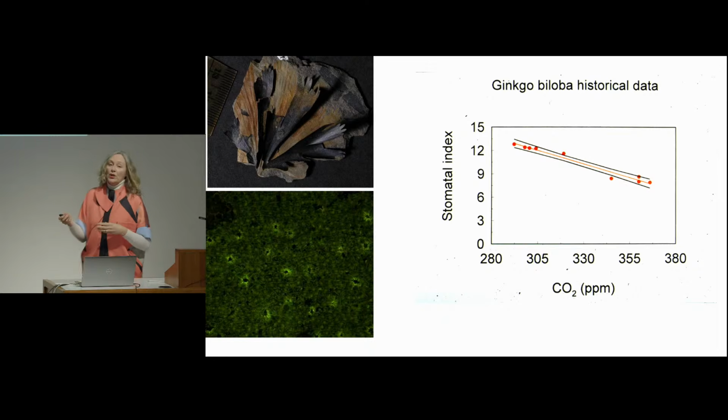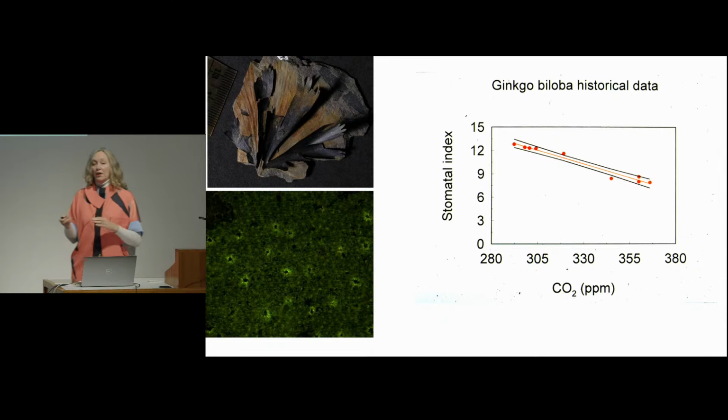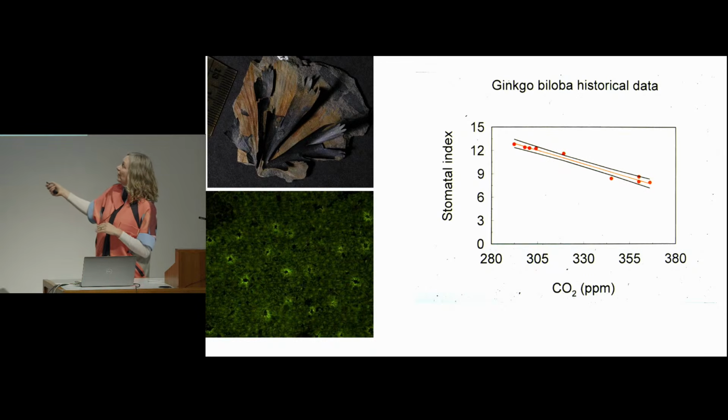So the method we use, Simon mentioned in his introduction, is very simple. There's a relationship between the number of stomata on a leaf surface and the CO2 concentration in the atmosphere. And basically, as CO2 concentration increases, the number of stomata decreases.